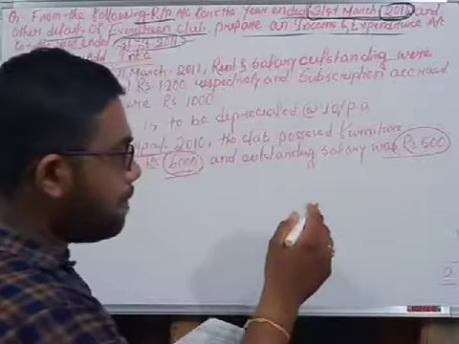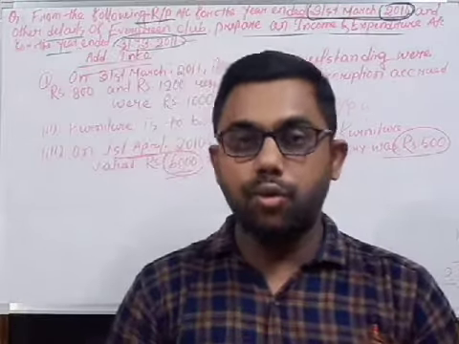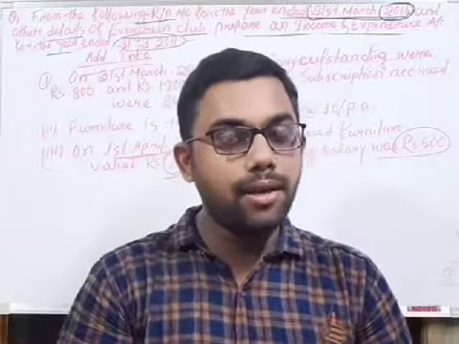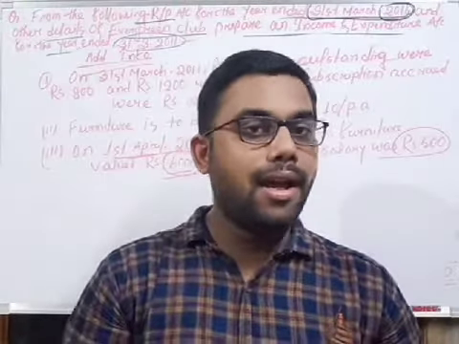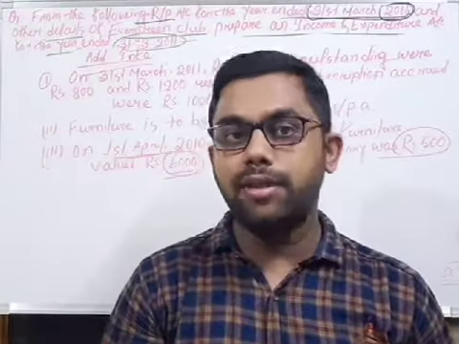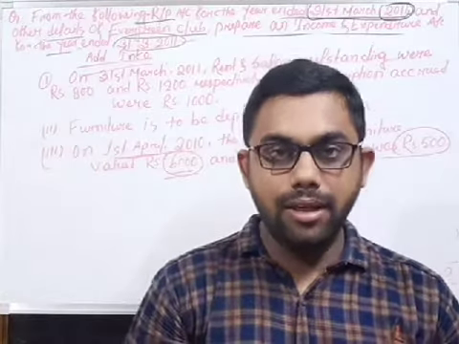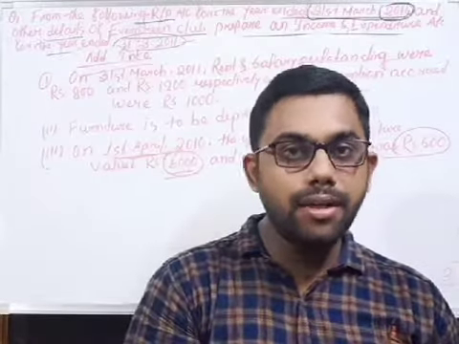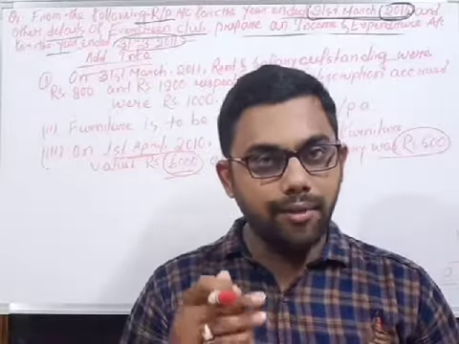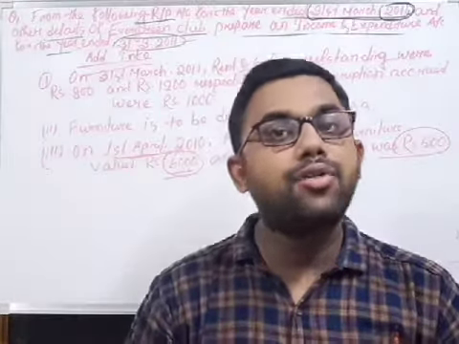Okay, so when we discuss outstanding items, we find outstanding items at the beginning of the year, and we find outstanding items at the end of the year. In the income and expenditure account, when we adjust it, any outstanding items at the beginning of the year will be deducted, and any outstanding items at the end of the year will be added.